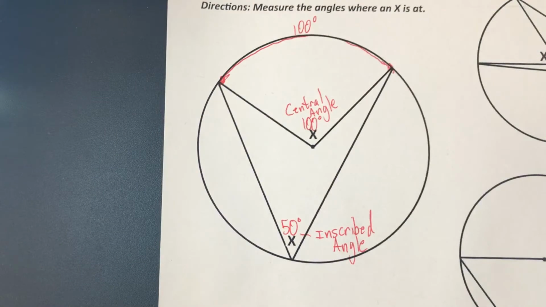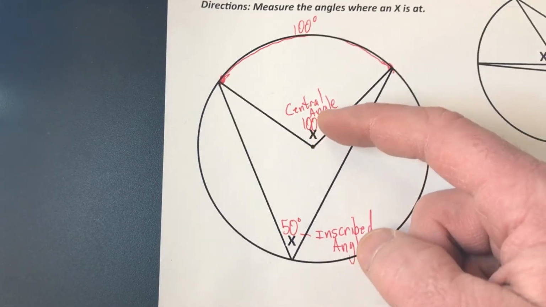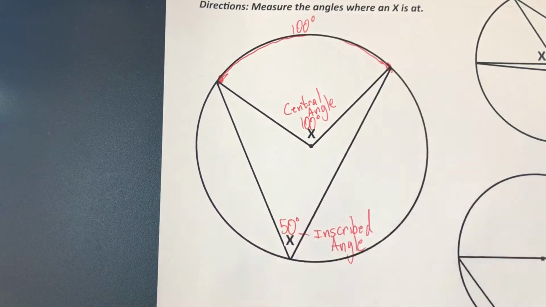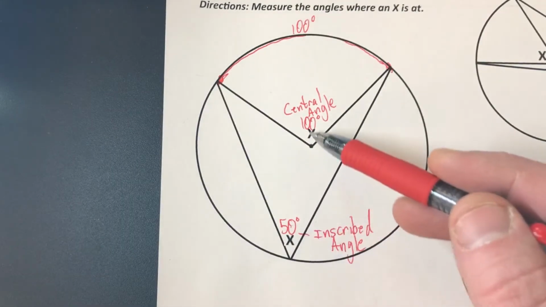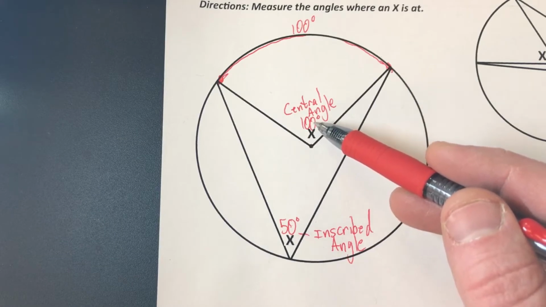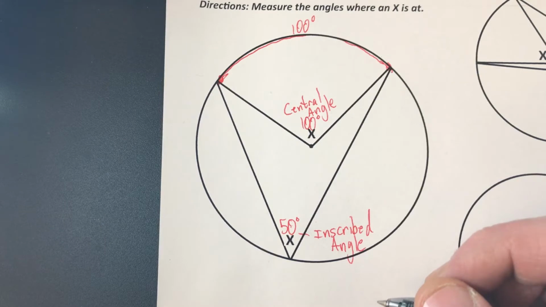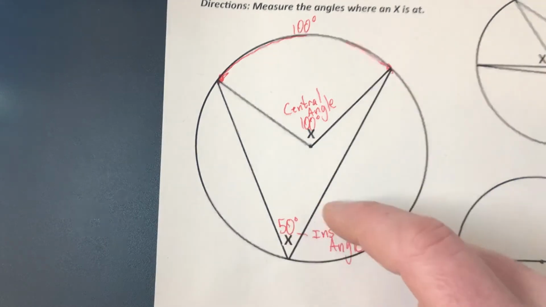Okay, there is a correlation between the central angle right here and the inscribed angle. It's half. How does this number compare to this number? It is 1/2. And what we're going to see is this is not by coincidence.